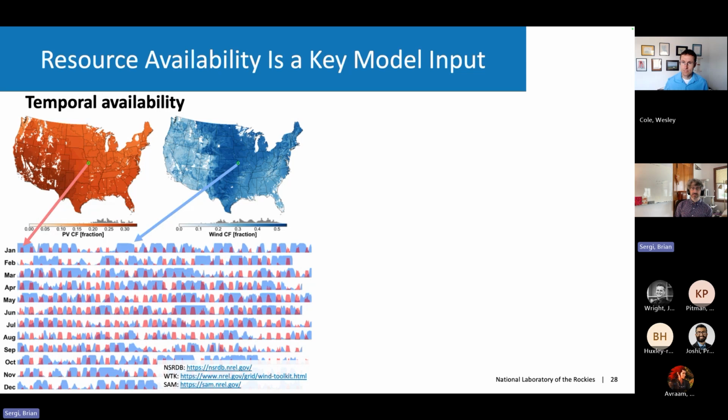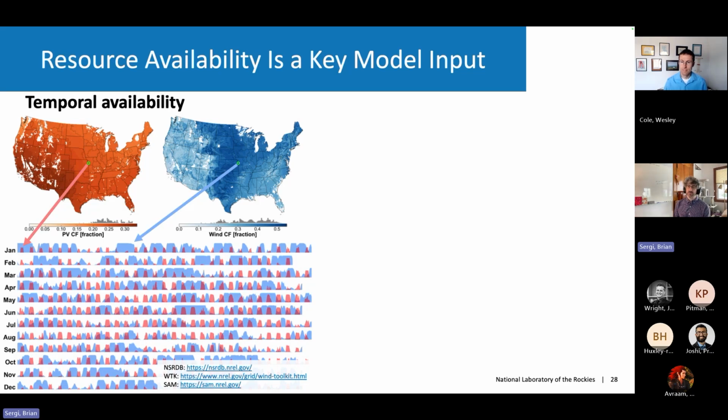So again, going back to those hourly generation profiles, that provides really useful insight to the model when it's making investment decisions between a solar farm or a wind farm or gas capacity. If it's trying to meet some sort of load that's occurring in a winter morning, it can use this temporal availability to understand that maybe solar is not going to be around because it's still dark out in the winter morning, but wind is.